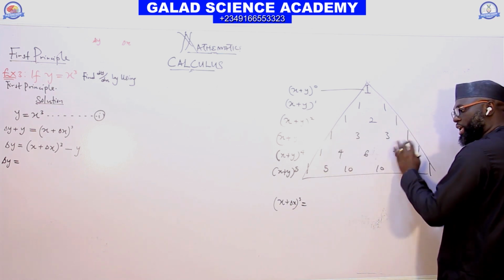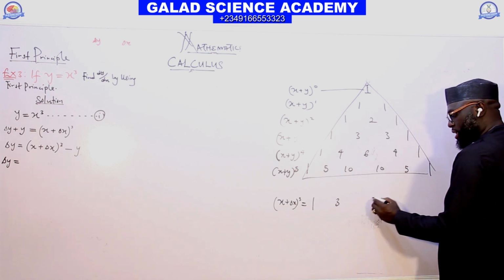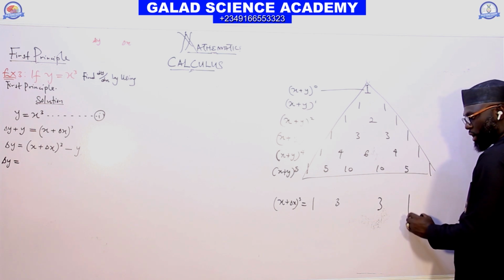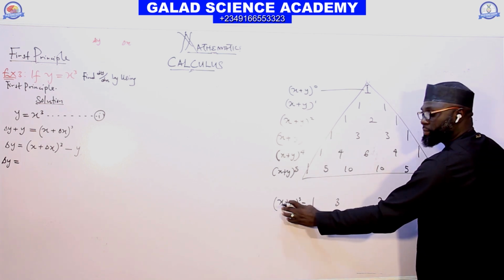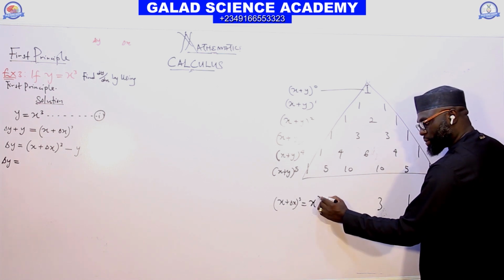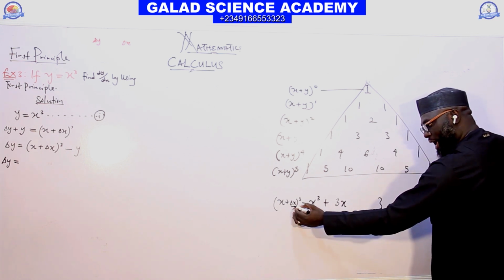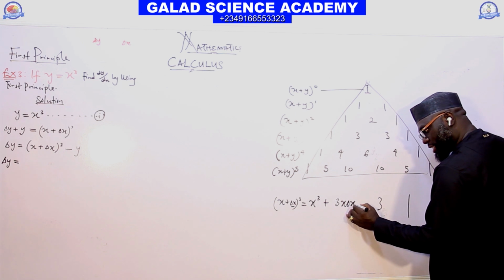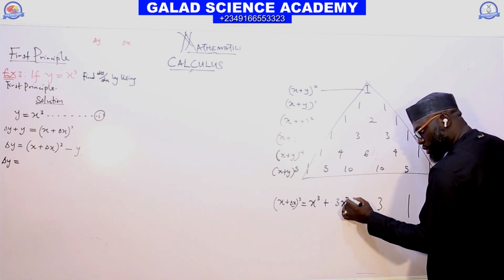What is the coefficient here? We have 1, 3, 3, 1. So this tells us that this first one represents x. That will be 1x exponential 3 plus you write x and change in x, where the power of x here is reduced to 2.